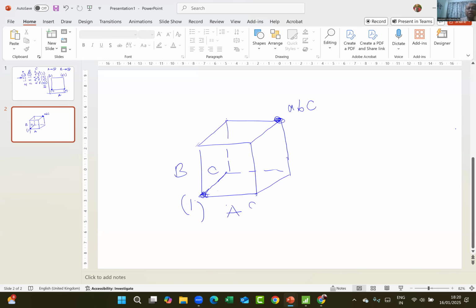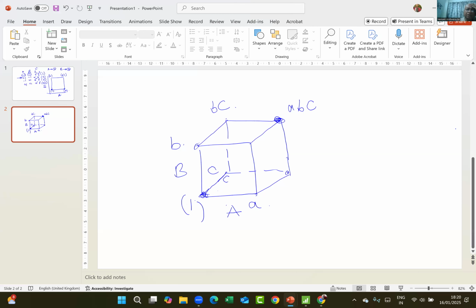This will be a, this will be C at high level, so c. Then this will be b, and then B at plus and C at plus, so this will be bc.